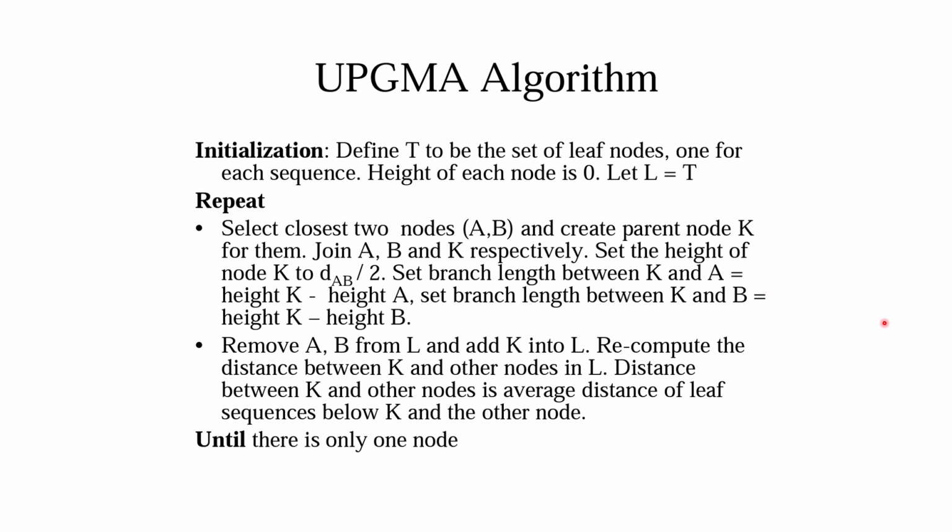The edges connecting these nodes are given the same length, so that the depth of the group is d of AB divided by 2. Now these two nodes A and B are merged together in the matrix, and we recompute the distance between K to other nodes until there's just one node left.